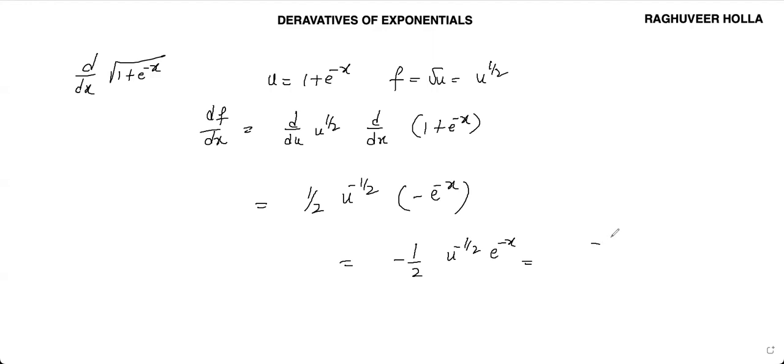Or you can write this as minus 1 by root u into e to the power of x, or this can be written as minus 1 by e to the power of x into 1 plus e to the power of minus x to the power of half.